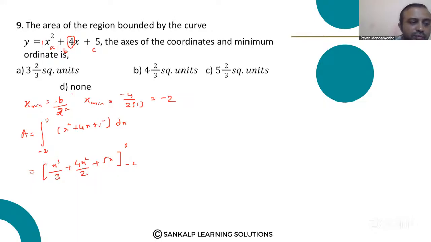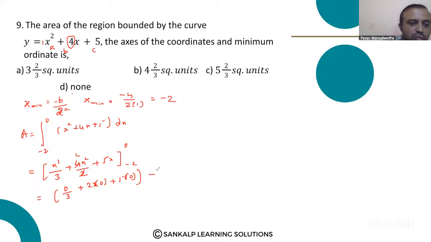Applying this limit, we substitute upper limit minus lower limit: 0 by 3 plus 2 into 0 plus 5 into 0.